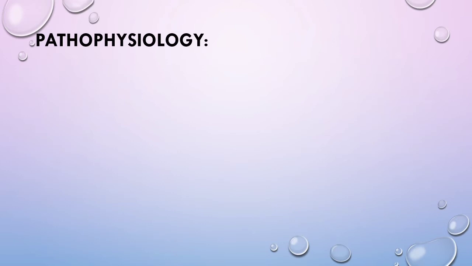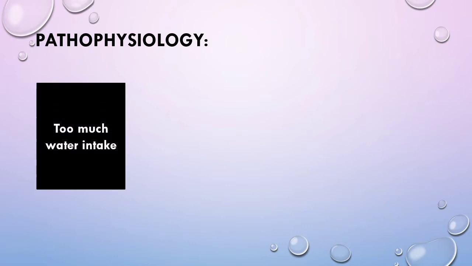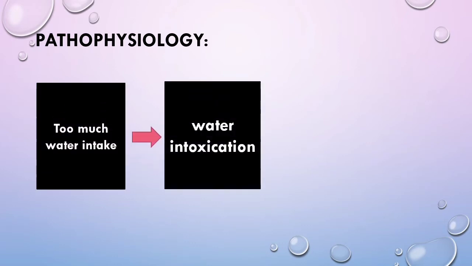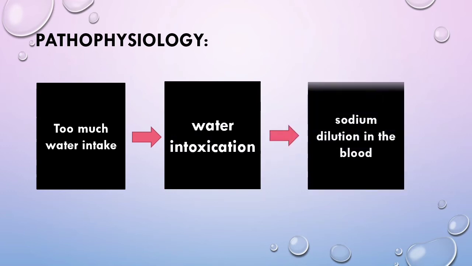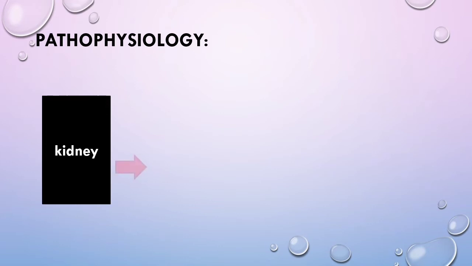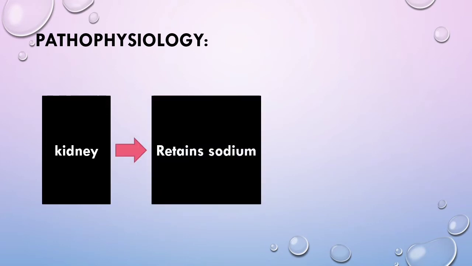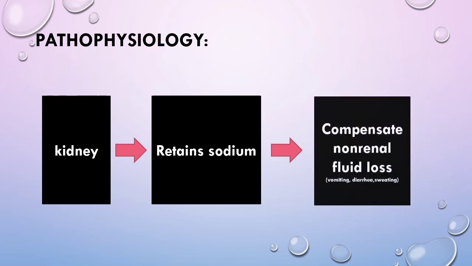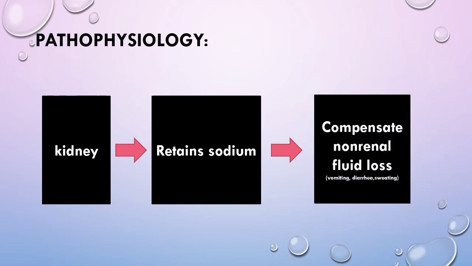So the pathophysiology for hyponatremia. When there is too much water intake, it results in water intoxication, wherein sodium dilution in the blood occurs. It also causes the kidney to retain sodium to compensate for non-renal fluid loss such as vomiting, diarrhea, and sweating.